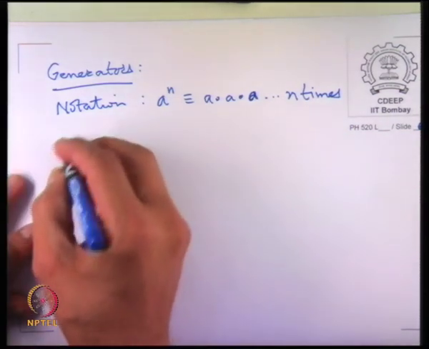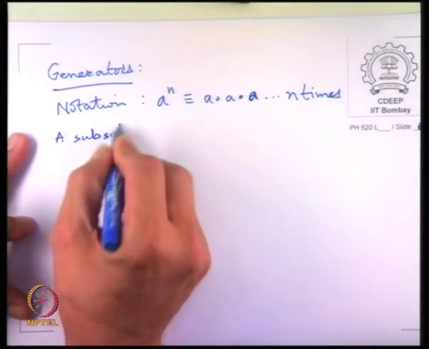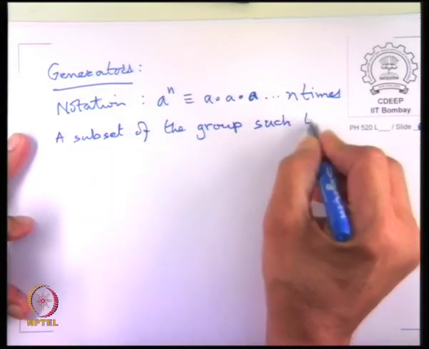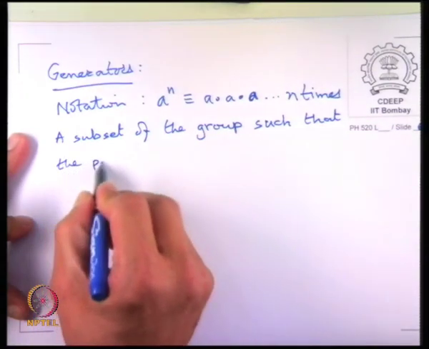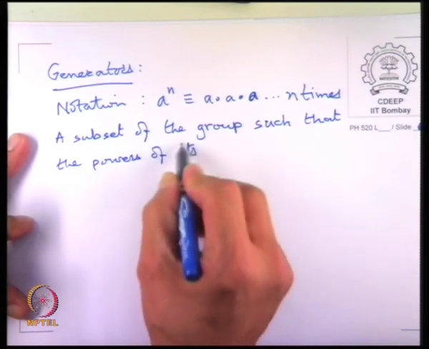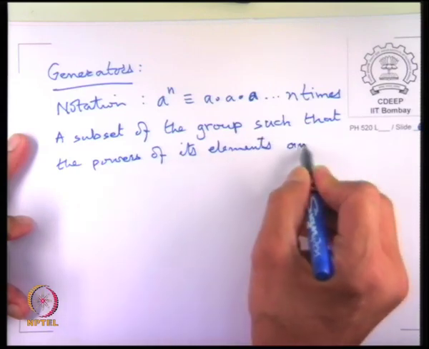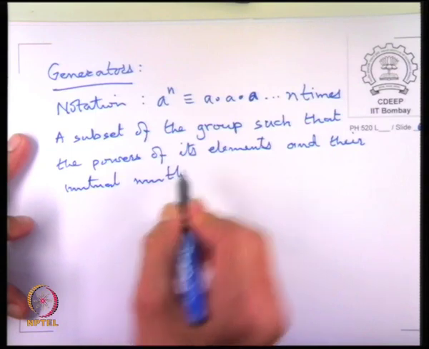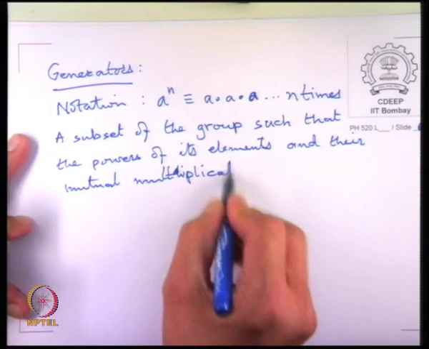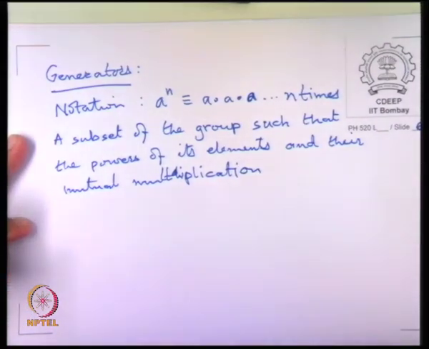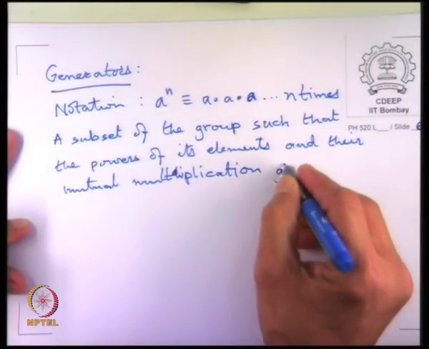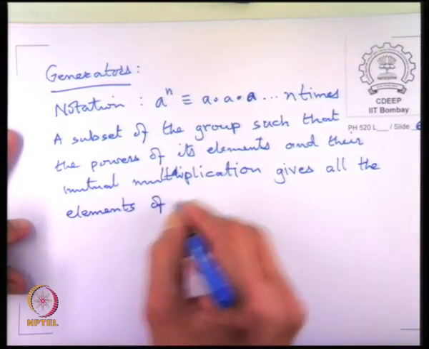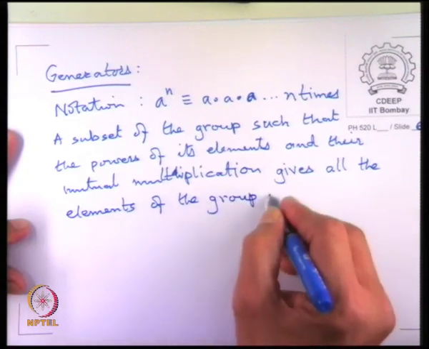So if there is a subset of the group such that the powers of its elements and their mutual multiplication gives back all the elements of the group, it is called a set of generators.